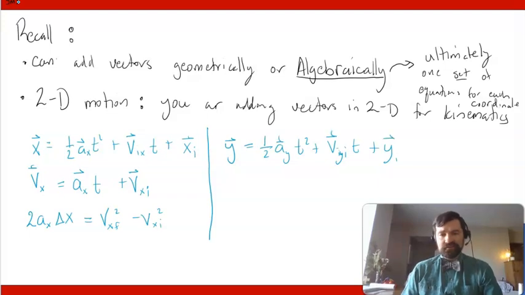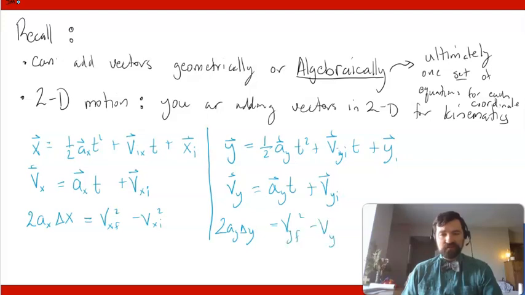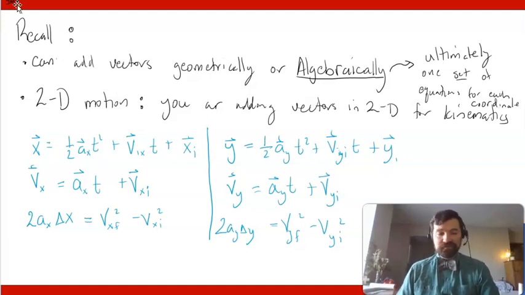And then we similarly expect v_y to be a_y times time plus v_y initial, and 2 a_y delta y to be v_y final squared minus v_y initial squared. So all of this goes under the basic review from previous topics taught.